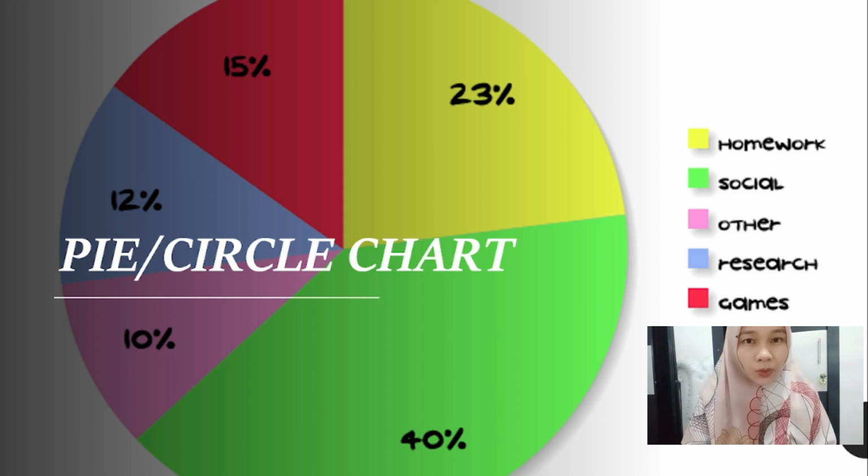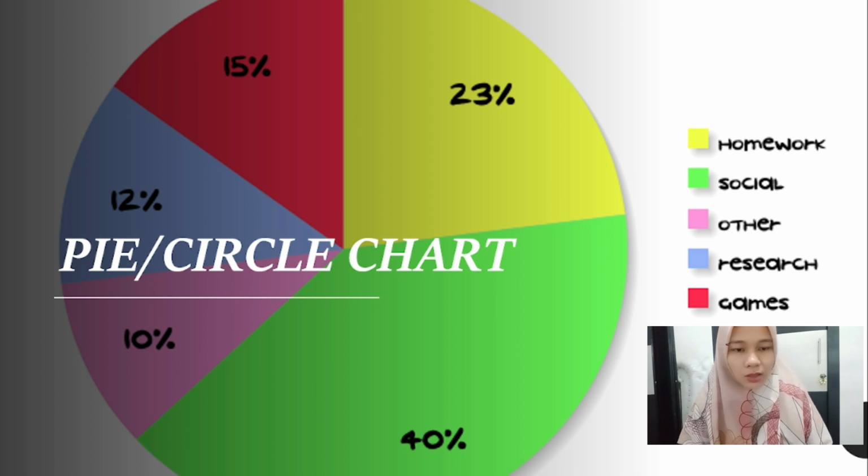So when the readers see my writing, the information about my data, by having this kind of chart, they may see the pieces, the slices within this pie chart. And this is very easy to be noticed and understood by people.